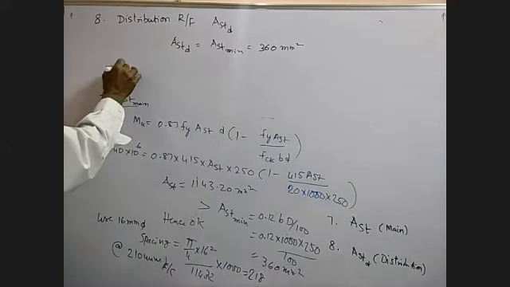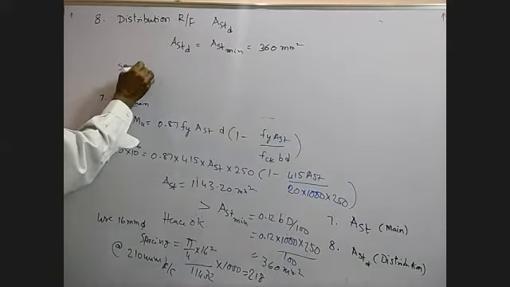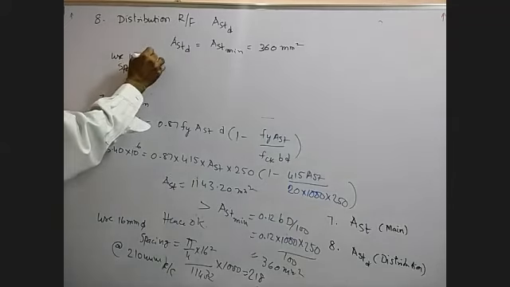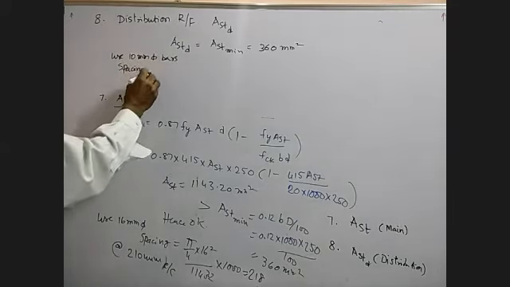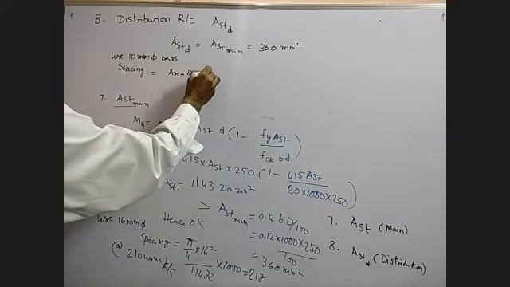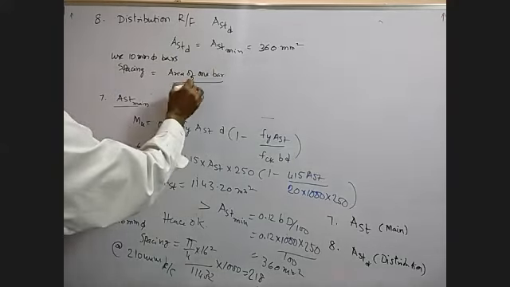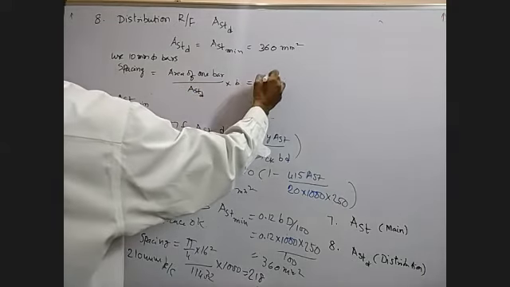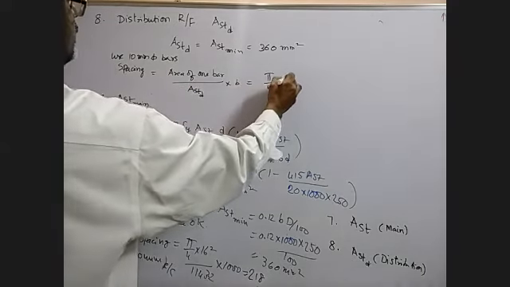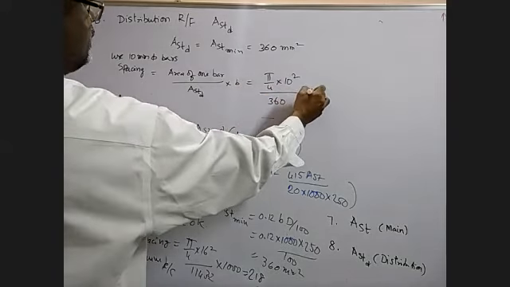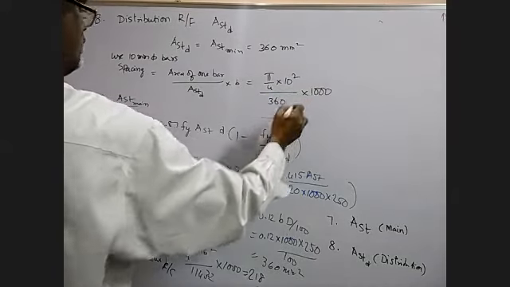Spacing is equal to... use 10 mm bars. See, for main you have to use the bigger size. For distribution, spacing is equal to area of 1 bar by AST into B. So area of 1 bar is π/4 × 10 square, divided by AST, which is 360, B is 1000.